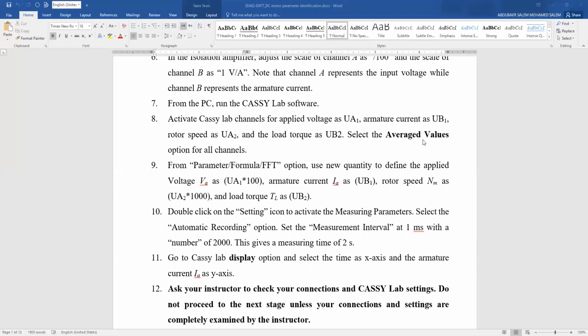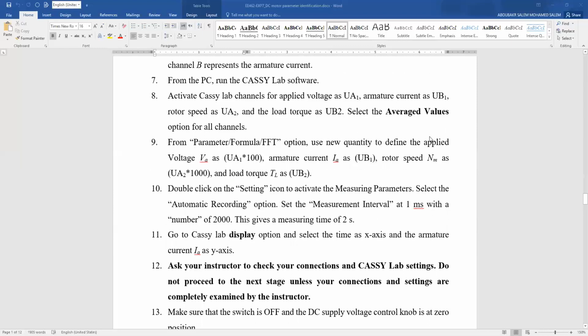And you remember in previous labs, we were dealing with a synchronous machine and induction machine, and we defined current and voltage all the time as RMS values. However, here the test today will be on a DC motor, so we can define all quantities as average values. Then we'll define the equations of each term.